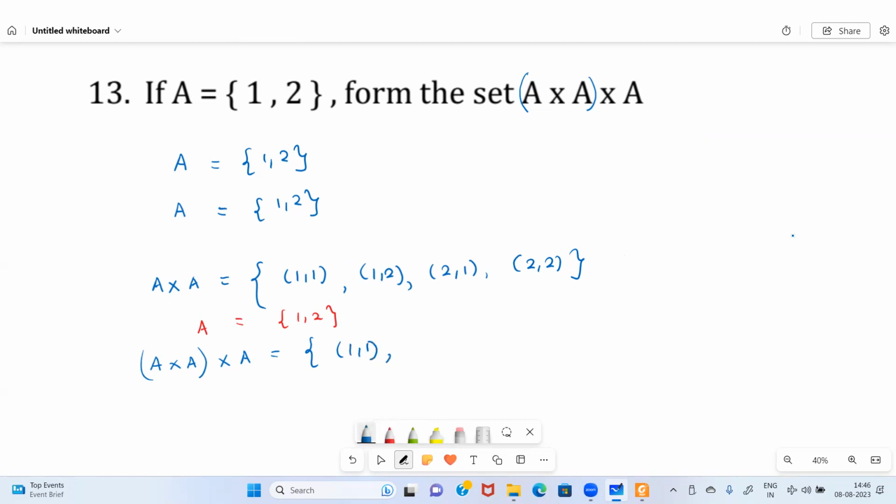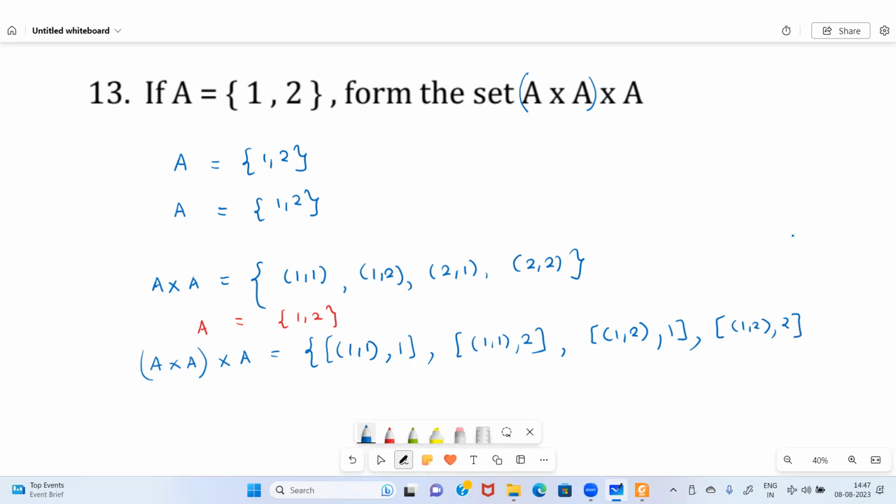We have to relate it with 1. Comma 1, comma 1. We have to relate it with 2. Then, now we go to 1, comma 2. 1, comma 2. We relate it with 1. Comma 1, comma 2. We relate it with 2.